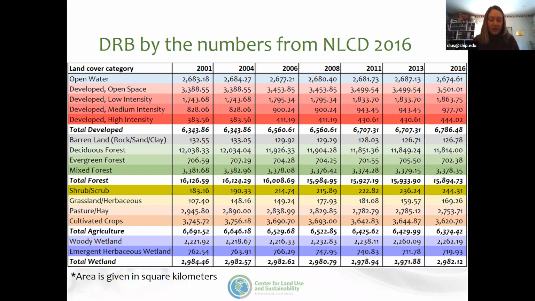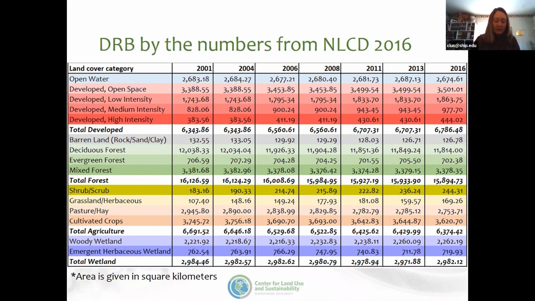109,373 acres. Over the same time period, forest lands decreased by 1.44%, which represents a loss of 232 square kilometers, or 57,293 acres. And agriculture declines by 4.74%, which represents a loss of 317 square kilometers, or 78,357 acres.